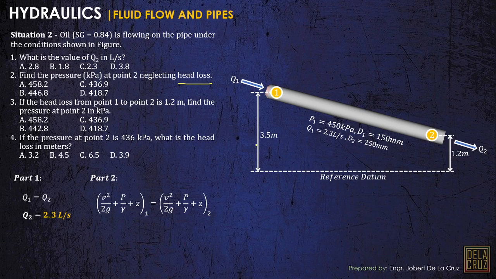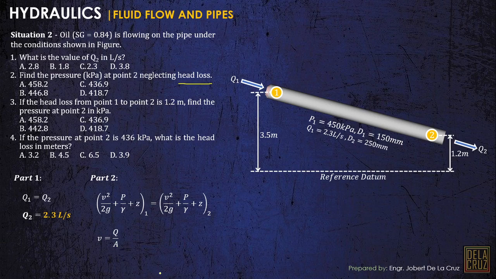Take note that we don't have the values of the velocities at points 1 and 2, but we have the discharge. Therefore, we can calculate the respective velocity at each point. The velocity equals discharge over the area.